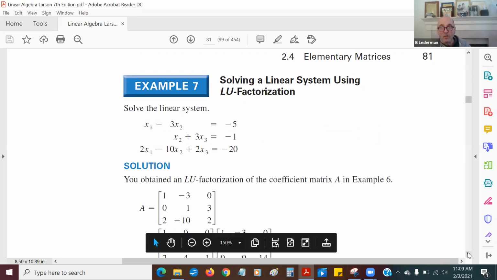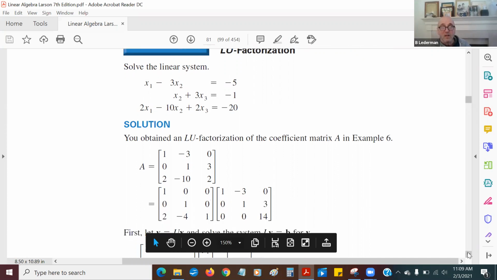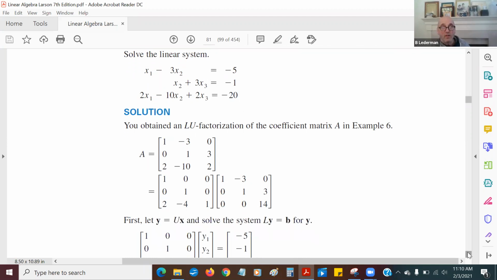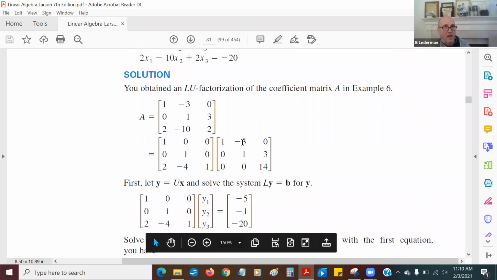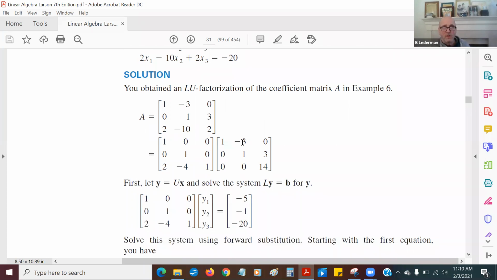So we already know the LU factorization. We already did it. That's L and that's U right there in front of us. I'm going to take the L first. You actually do this step first, even though I mentioned this step second. Why?